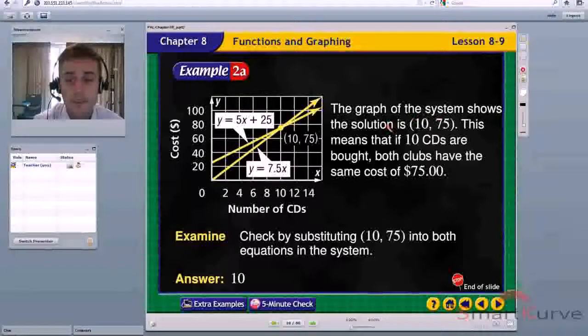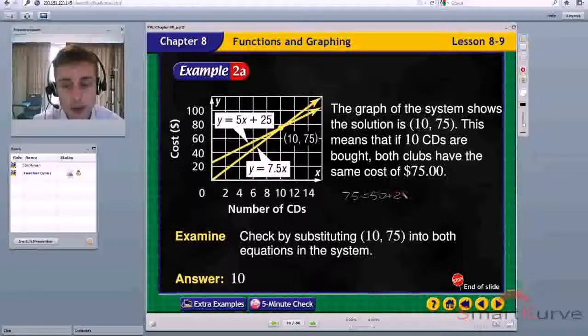Then graph the system. We can graph these lines and we notice that the solution is (10, 75). This means that if 10 CDs are bought, both clubs have the same cost of $75. Check by substituting 10 and 75 into the equations. y is 75. 5 times 10 is 50 plus 25.